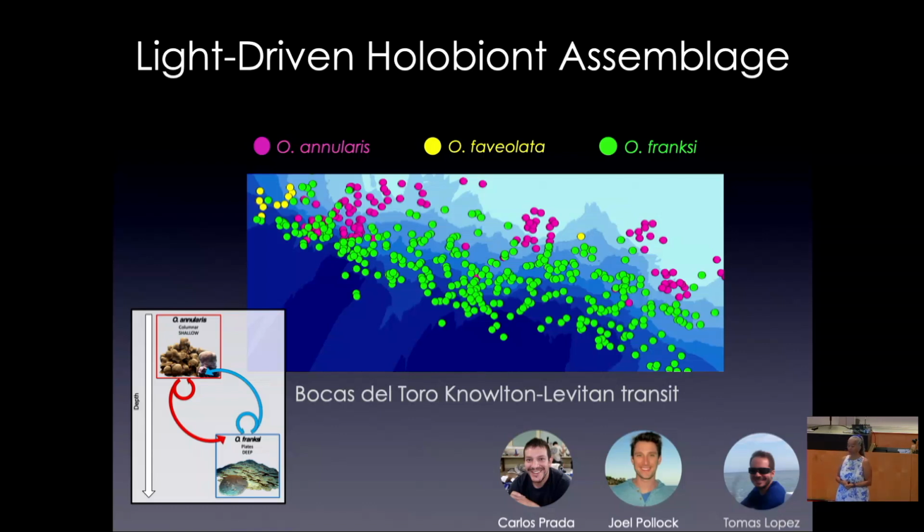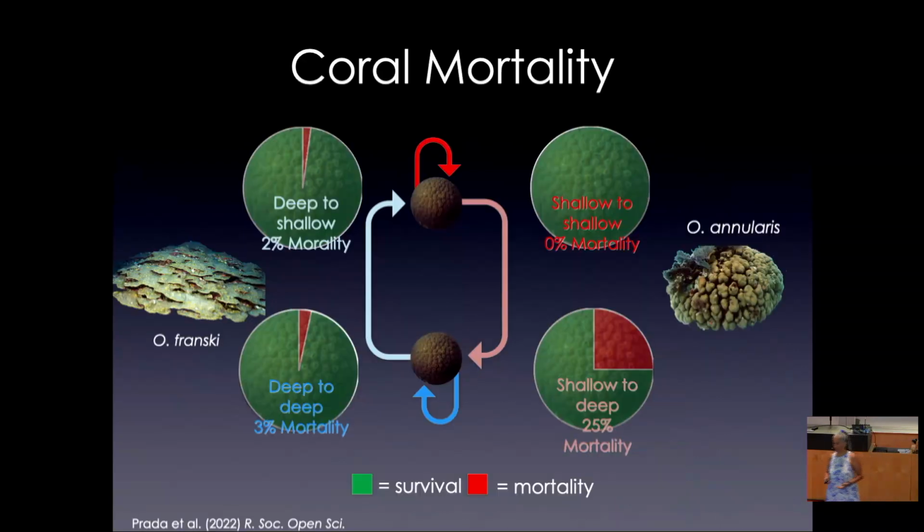But we did a reciprocal transplant between franksi and Fabiolata annularis, and these are the young people that did the work. Joe is the coral evolutionary biologist. I'm going to start to get into the microbes, non-dinoflagellate microbes. Joe is the microbiologist, and Tomas is the physiologist. So this is an example of what we do.